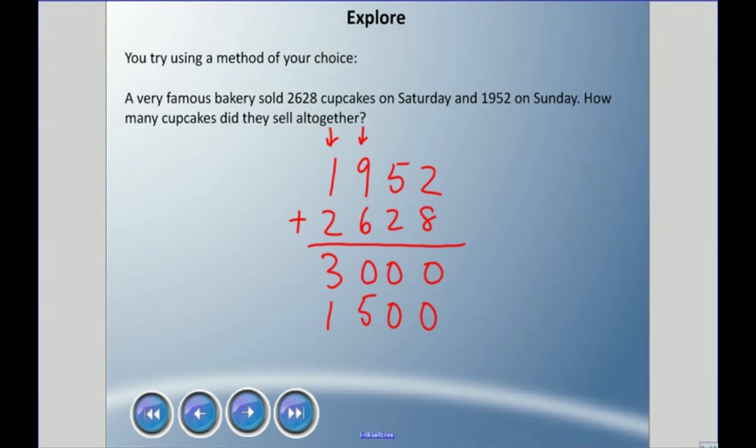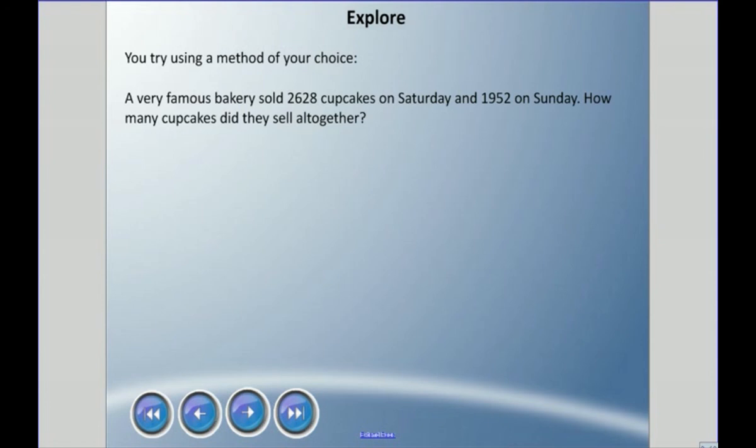This is the tens column, so 50 plus 20 is 70. And then here we have 2 plus 8, which is 10. And I can add all these together. 0, 8, 5, 4. 4,580 cupcakes.